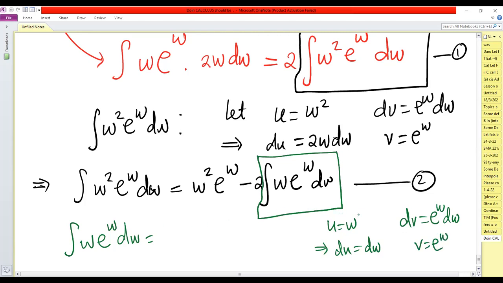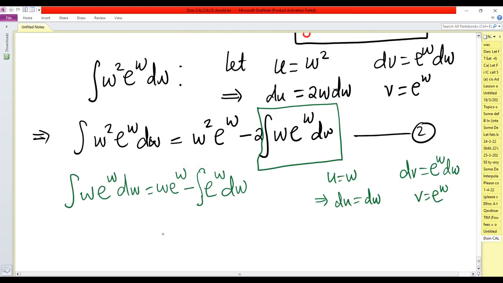So uv will be given by w e raised power w minus the integral of v du. v is e raised power w, du is the same as dw. Now this will just be w e raised power w minus e raised power w. So this is the integral of w e raised power w dw. So let's call this one 3.